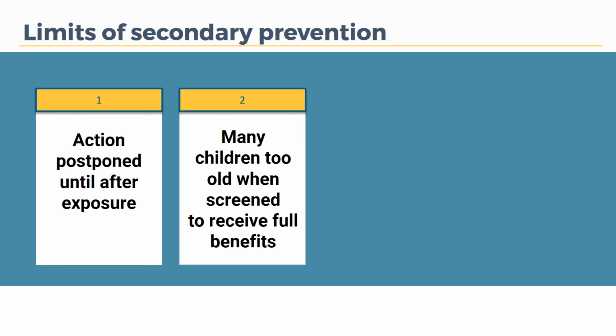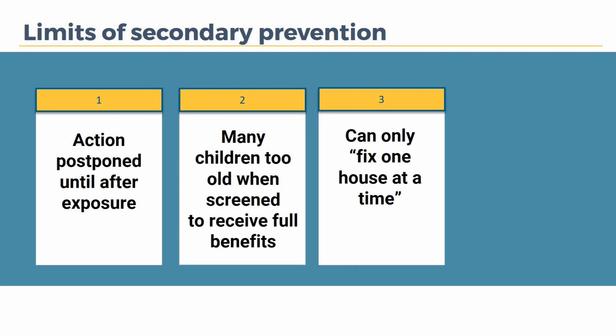When a child presents with any measurable blood lead level, the exposure has already occurred. We know that many children who are exposed never receive tests. Others are tested at a later age, when damage to the developing brain and nervous system has already occurred.